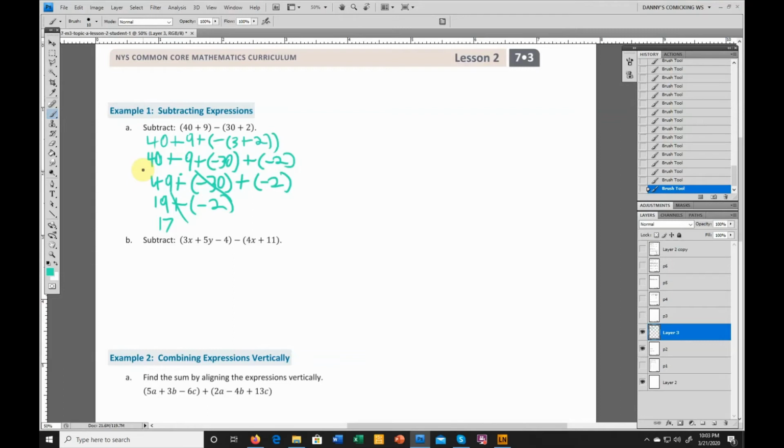If we were to use order of operations, however, we could do it a different way. We could do 40 plus 9 minus 30 plus 2 becomes 49 in parentheses minus, in parentheses as well, 32.